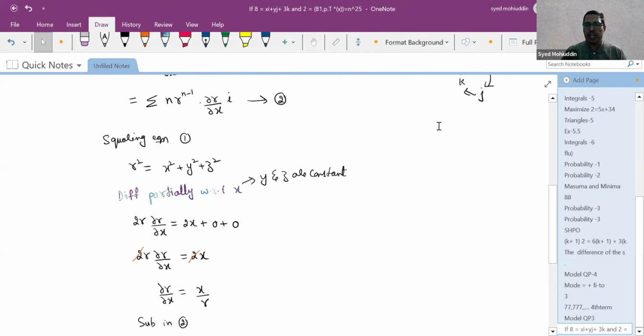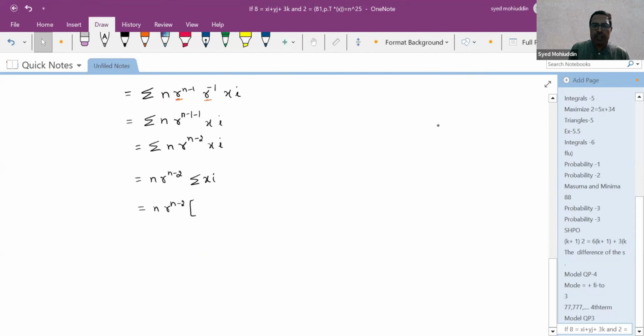So I'll start with xi, the first value I'll write xi only, plus. Now x will shift to y and i will become j, plus y will become z, and j will become k. That is nothing but n r power of n minus 2.